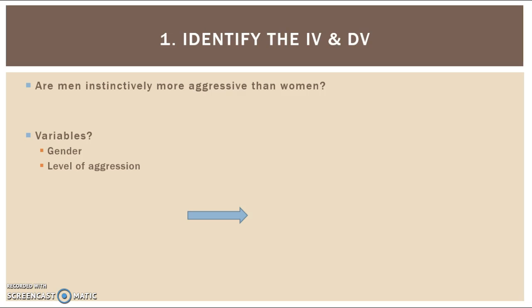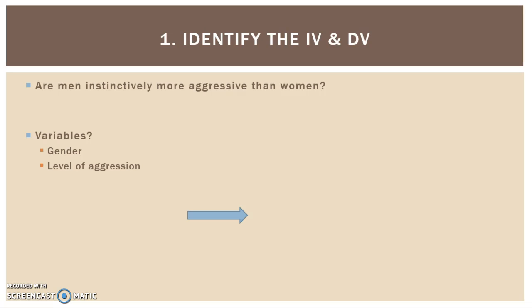Okay, so anyway, we left off with this research question, are men instinctively more aggressive than women? What are the two variables? We established there's gender and then there's level of aggression. So now the next thing we have to figure out is, how does this relationship flow? Which variable is influencing the other and which one is being influenced?